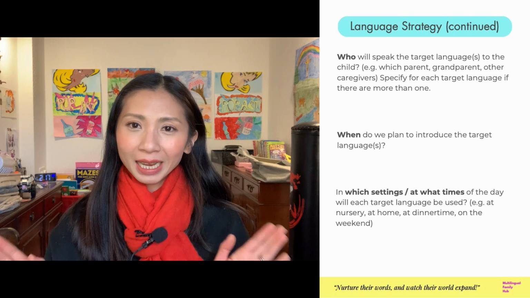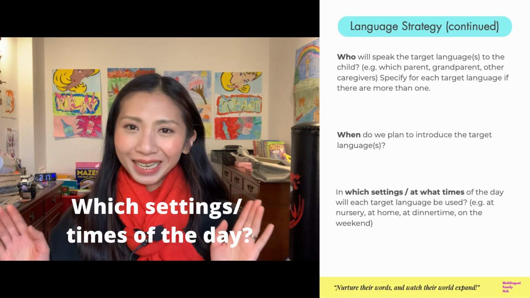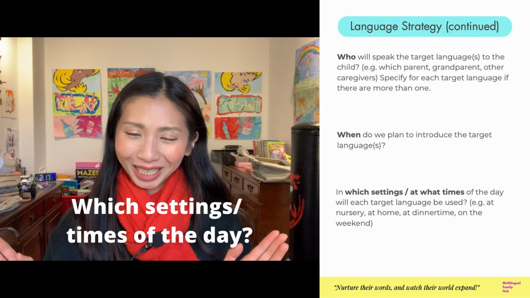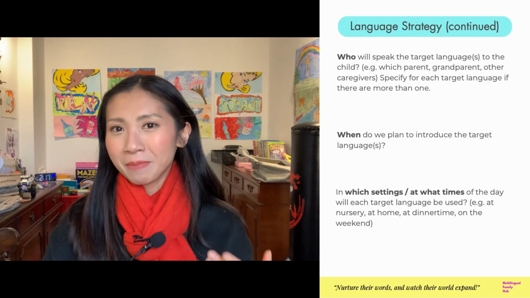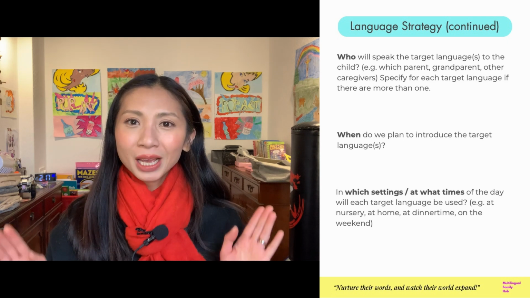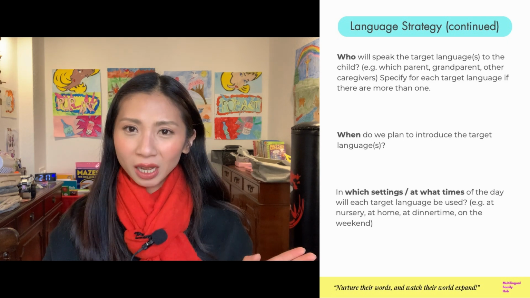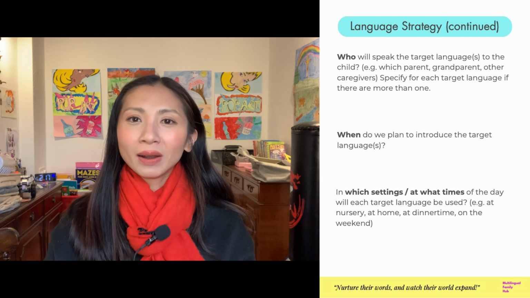Now, let's decide in which settings and at what times of the day each target language will be used. This is especially relevant if you are using some version of the time and place strategy. For example, imagine this scenario. You and your husband are raising your child to be trilingual in German, French, and English while living in Australia.